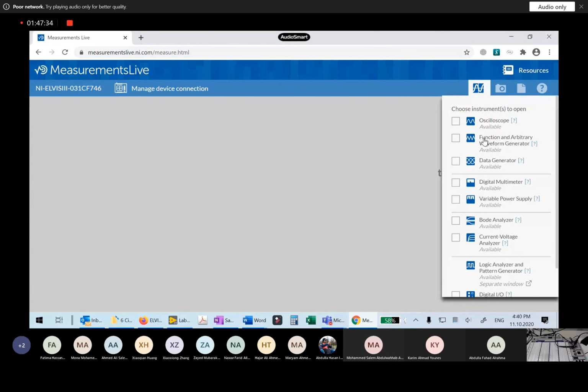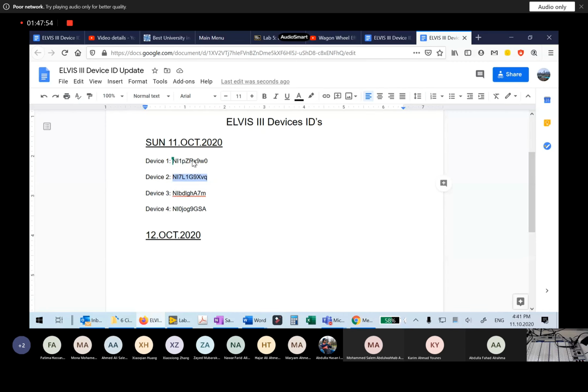Under this I have oscilloscope, function generator, and arbitrary waveform generator. And here I see available. It means that nobody is using these and you can use them. What if someone is using them? Let me try to do that.